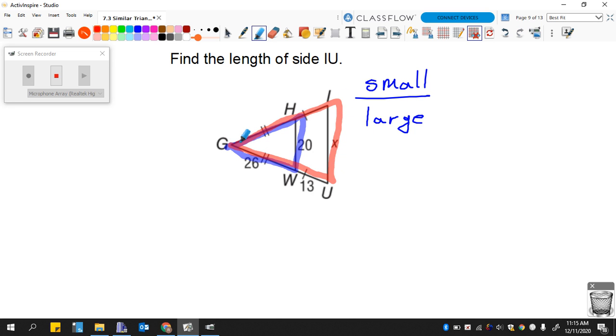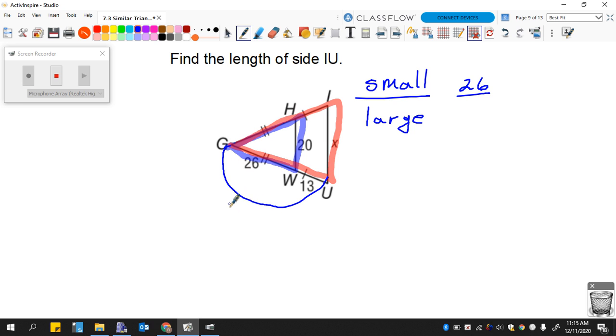Okay, so if we're looking at the ratios, the small triangle, the blue one, is 26 over the large, so you're going to have to say the large would be this entire length here.